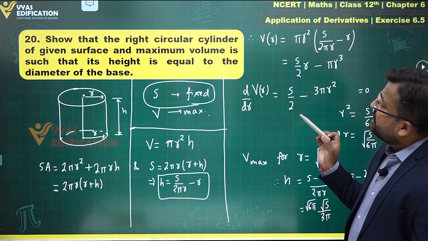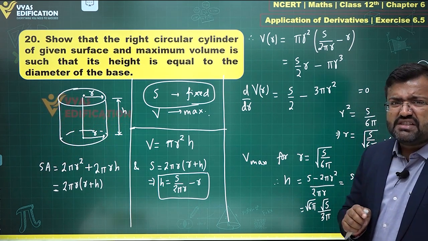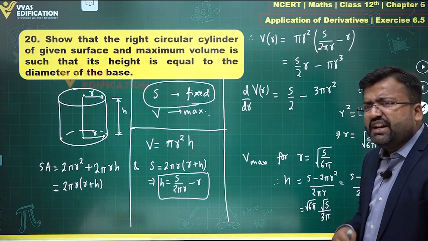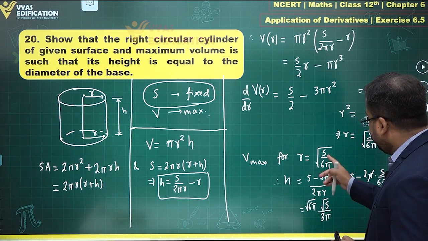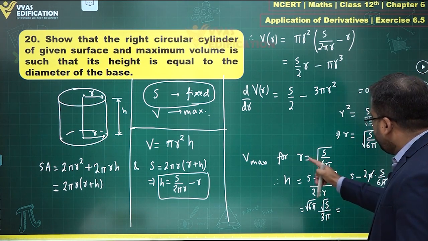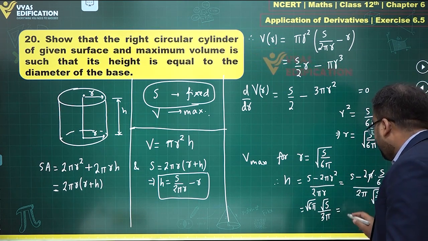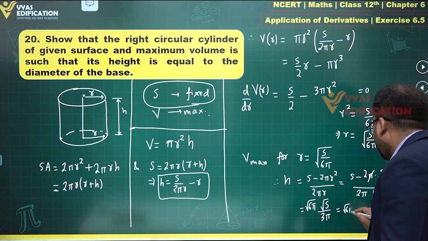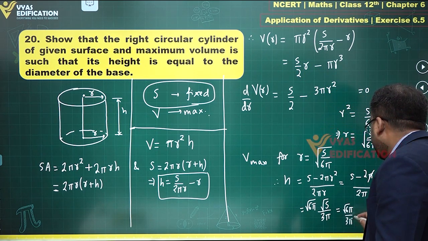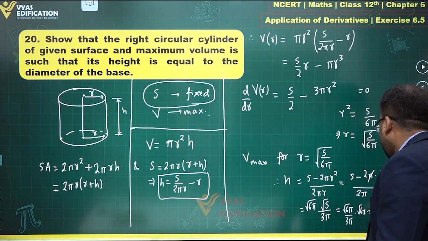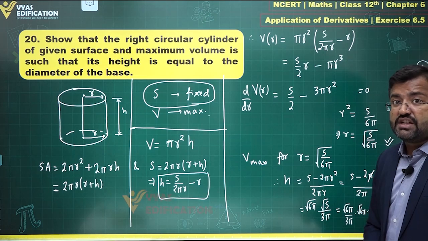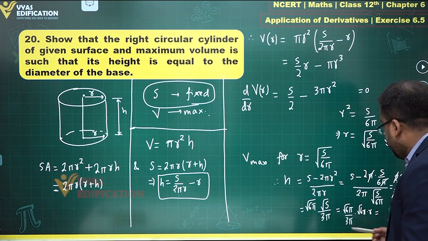And height is equal to the diameter of the base. This is what we wanted to prove, right? What is the relation between height and radius? Can I replace root s by root 6 pi into r? Yes, this is root of 6 pi upon 3 pi times root s, which is root 6 pi times r, which gives 6 pi upon 3 pi, which is 2.